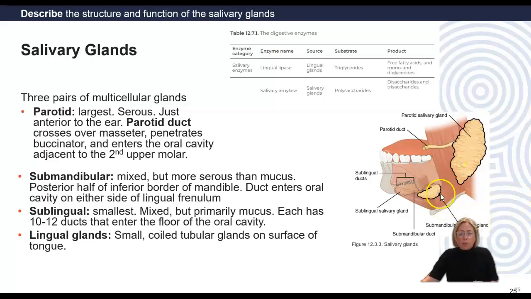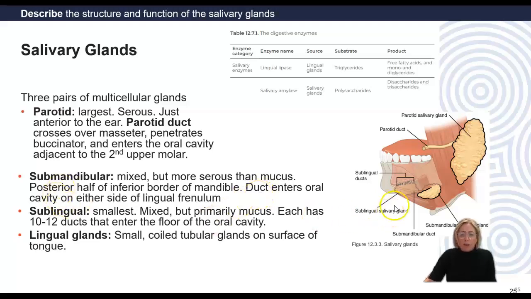Then we have the submandibular salivary gland, which secretes a mixed secretion, which is more watery than mucus. These are located on the posterior half of the inferior border of the mandible, and the duct enters the oral cavity on either side of the lingual frenulum.